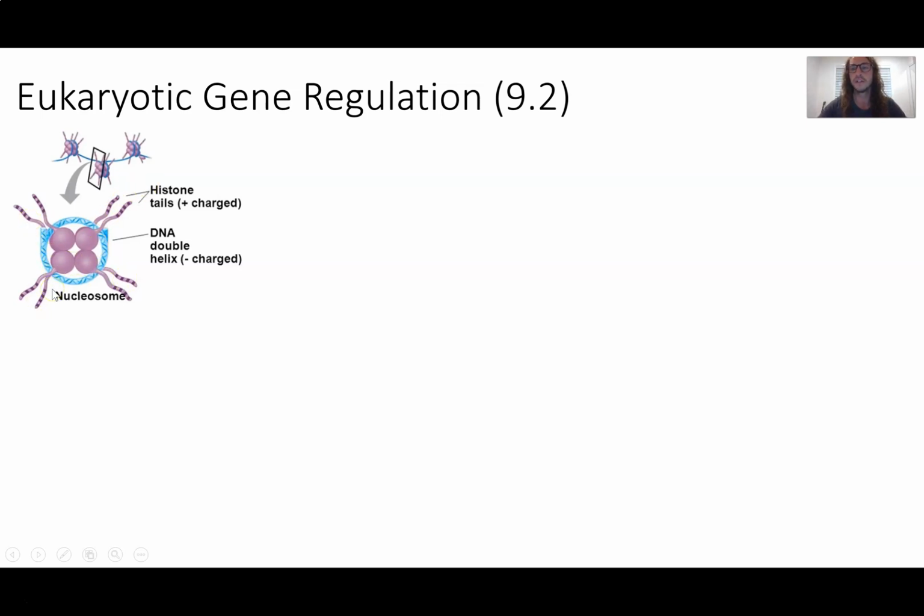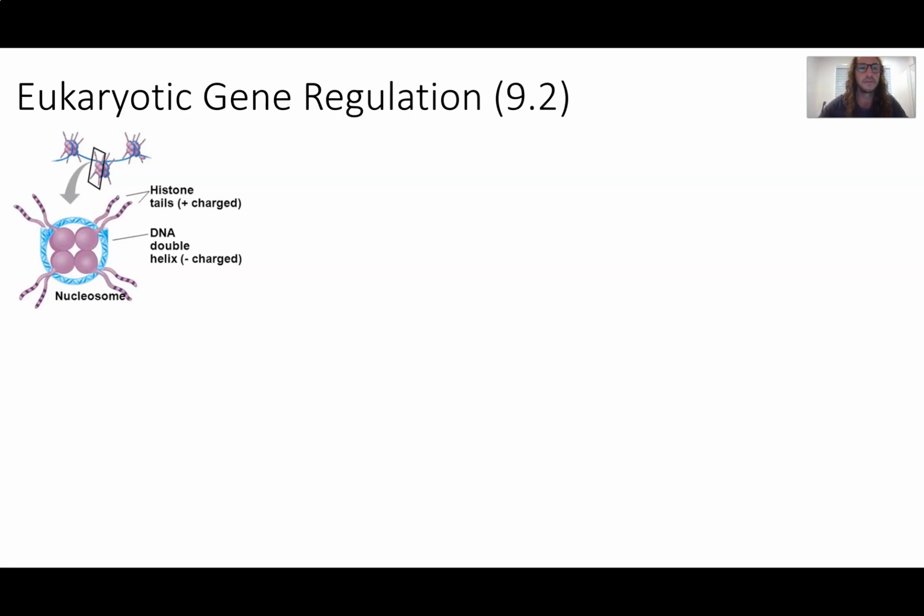And those tails are really important in the process of gene regulation for us eukaryotes. We can do things to these tails to control the expression of DNA, which genes should be turned on or off, depending on what cell it is.